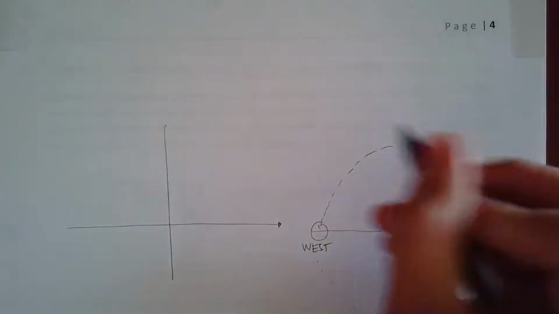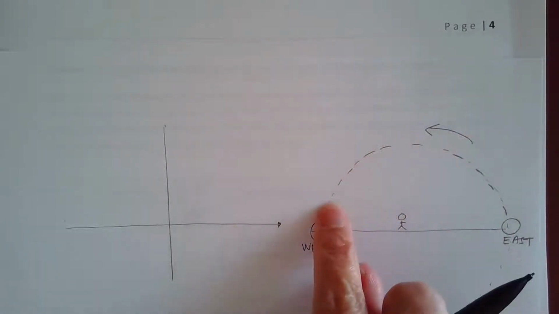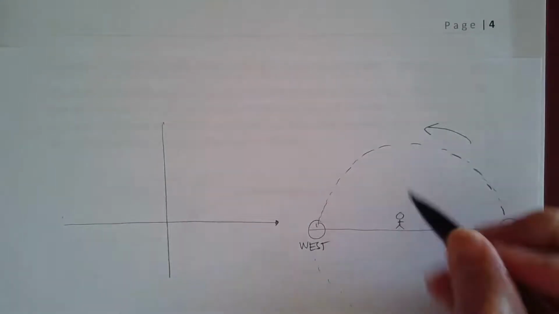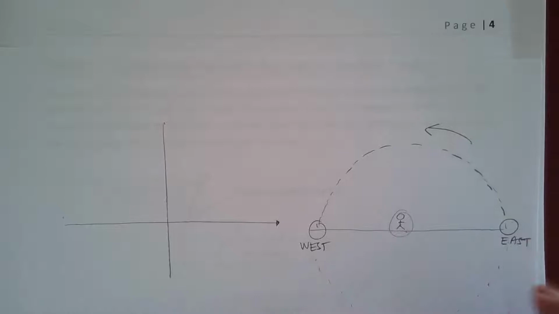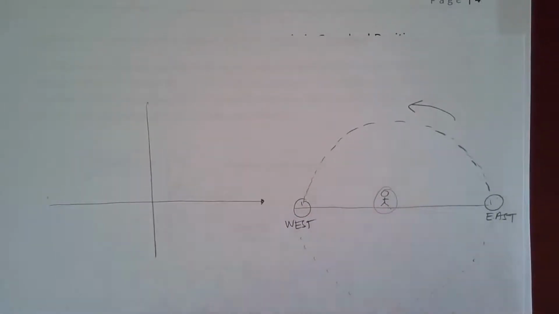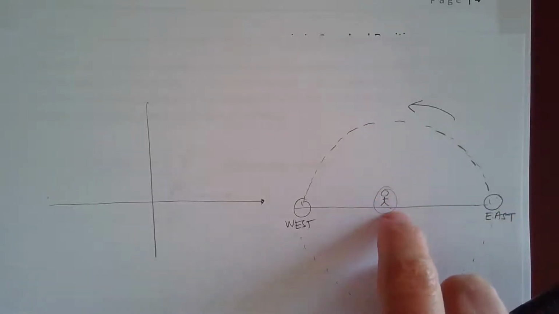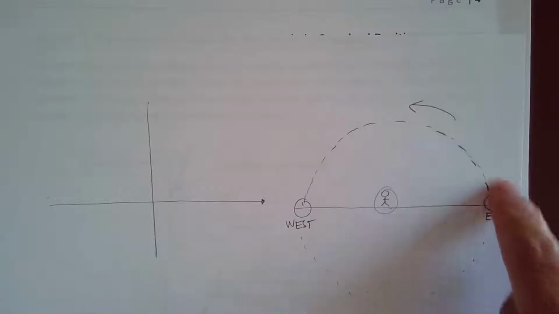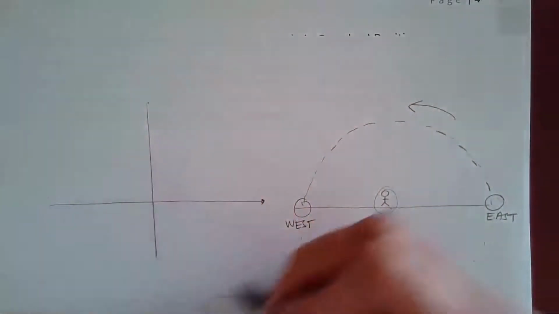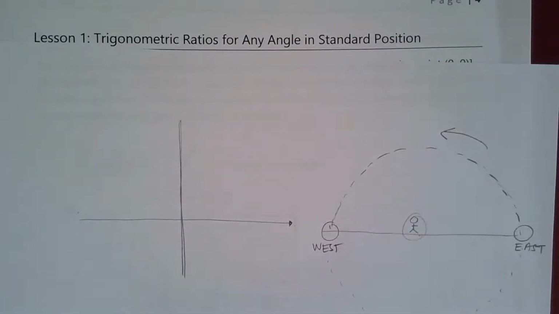So how we do things is that the rotation of the sun is relative to the person on earth. Okay, this is not really the sun moving, because it's actually the earth that's moving around the sun. So if somebody is looking down on earth, it looks like it starts here in the east and then it falls down in the west. So this is the start, and then this is where it ends and it goes around. So this is where the Cartesian plane starts.